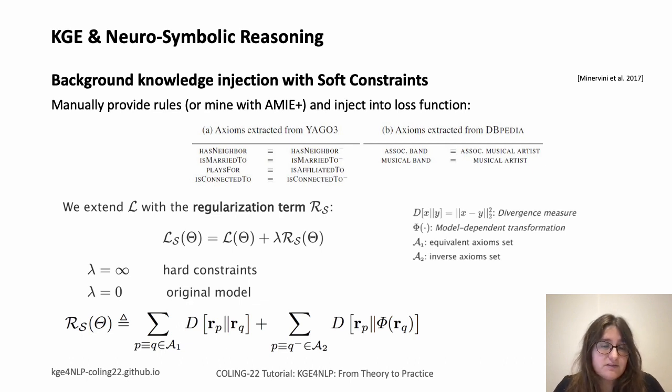One such work is background knowledge injection with soft constraints. This work provides an approach to manually provide rules and inject them into a loss function.